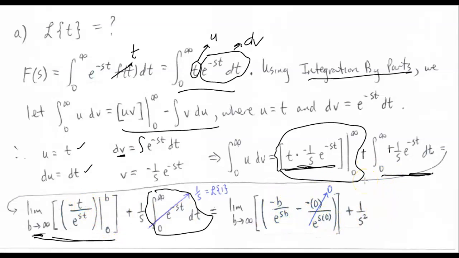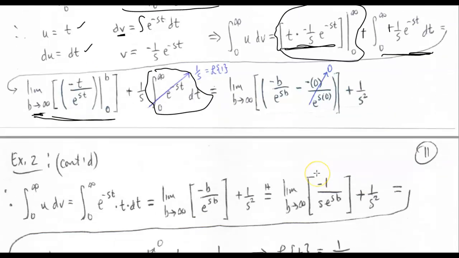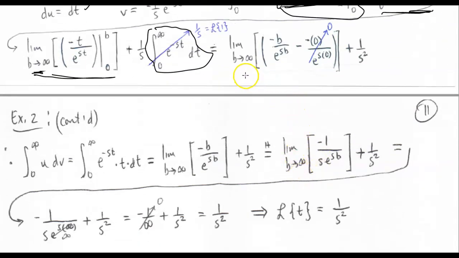And so from here, if we keep going, we see that if we deal with this part here, we know that this particular limit, because whatever e raised to the sb is going to be, as b approaches infinity, it's going to grow faster than whatever this is.